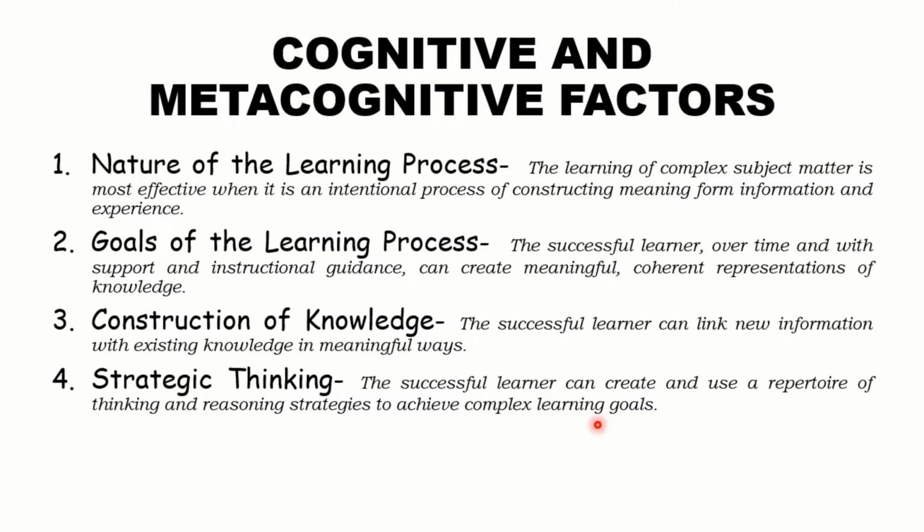So the successful learners use strategic thinking in their approach to learning, reasoning, or even in problem solving or in conceptualizing sentences, etc. So they understand and can use a variety of strategies to help them reach learning and performance goals, and to apply their knowledge in novel situations.